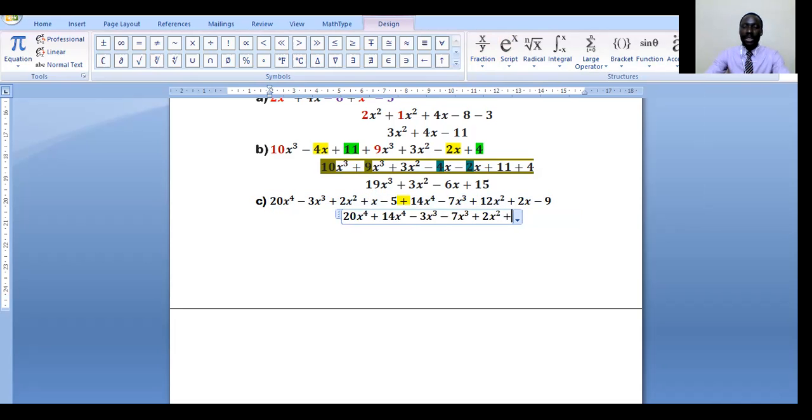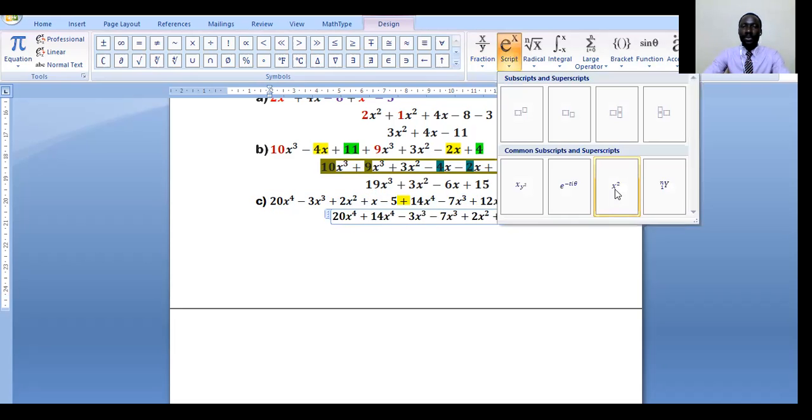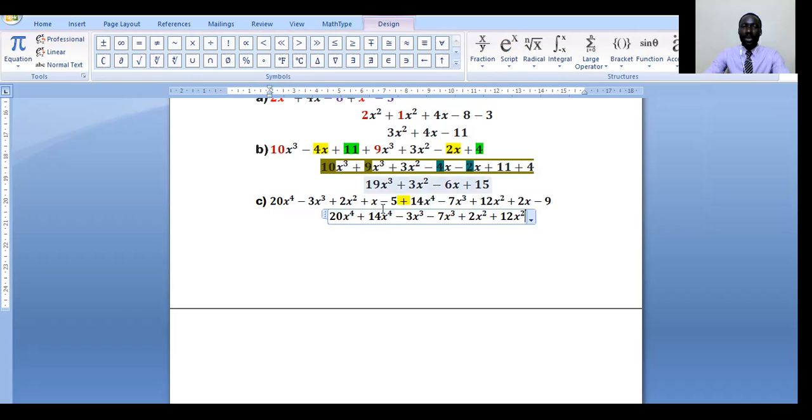So we have plus 12x squared. Yes. Now after this, we then move on to the x here and we add on to this 2x. So we have plus x, then plus 2x. Then we move on to this minus 5 that we have to add onto this minus 9, like that.